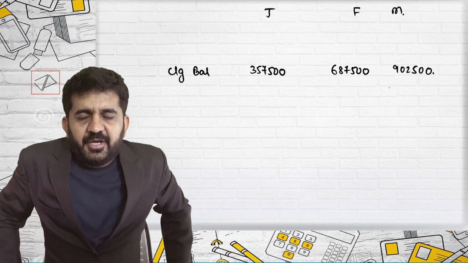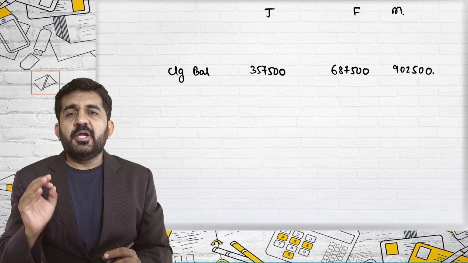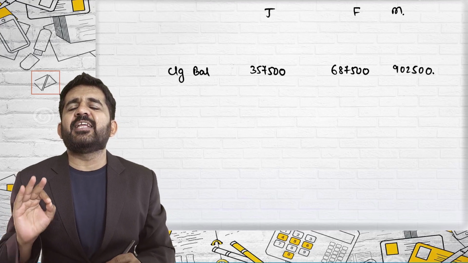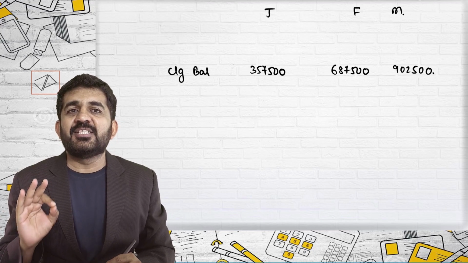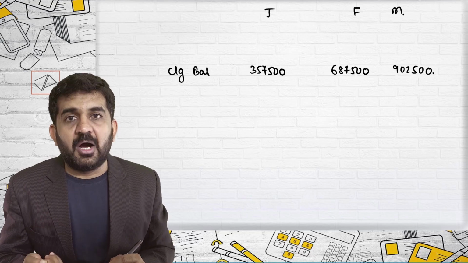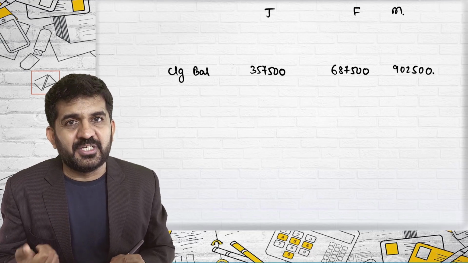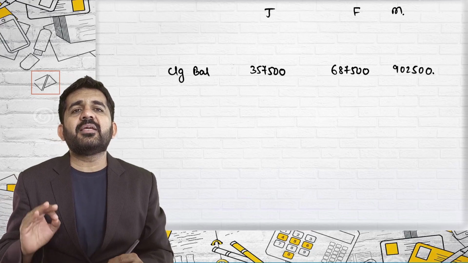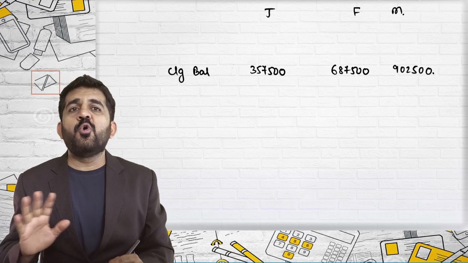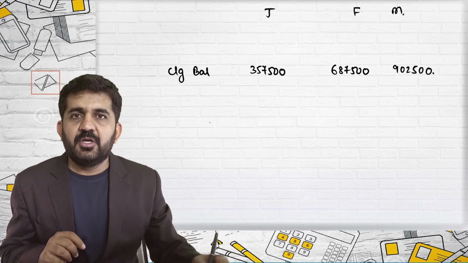Try to concentrate. If it is given in your question that it is a policy of the company to keep only 10,000 rupees as cash balance, and the remaining amount in multiples of 10,000 is kept in fixed deposit, then you don't keep a cash balance of 3,57,500.